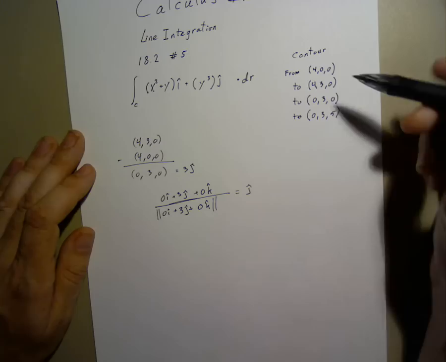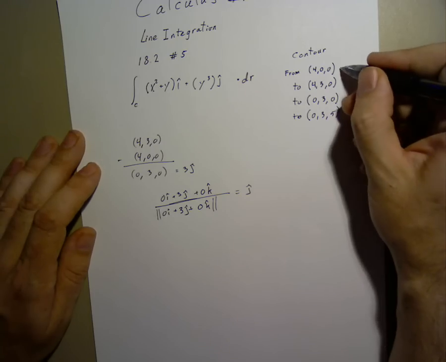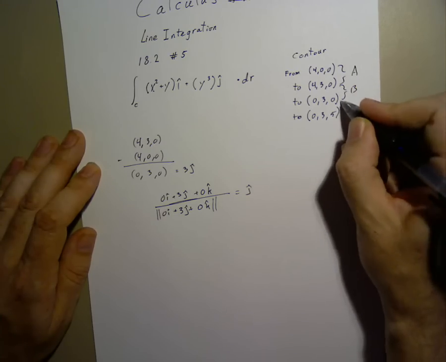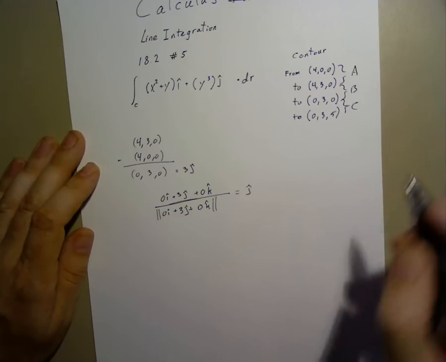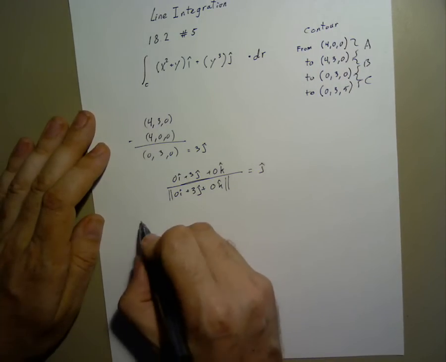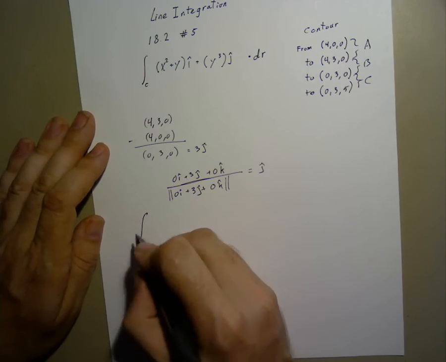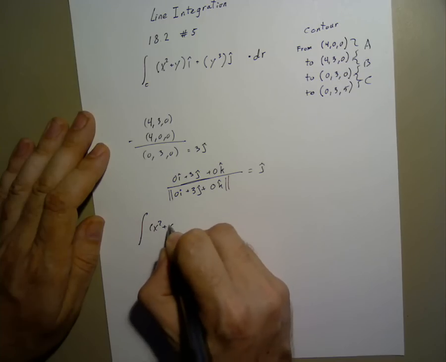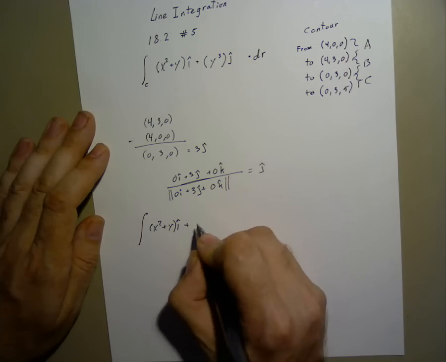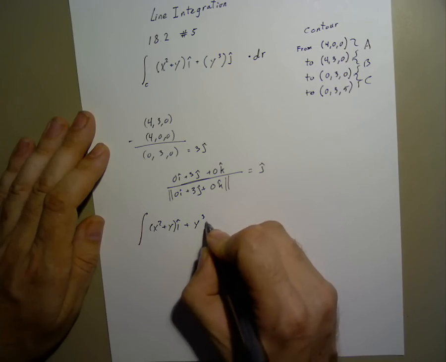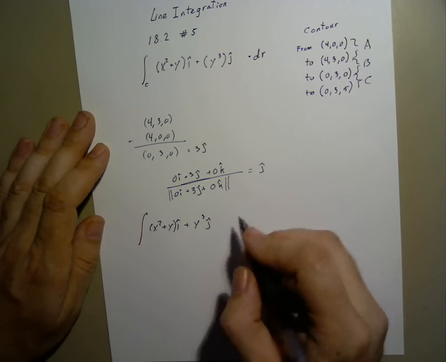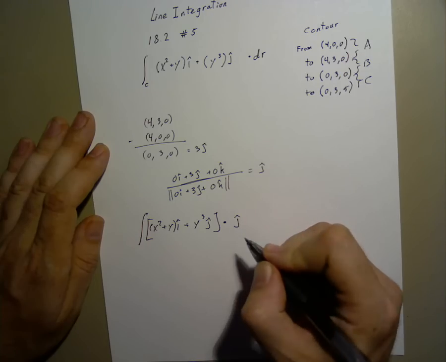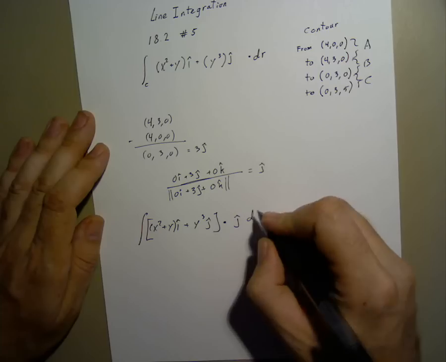So, to integrate along our first 2 points, I will call this right here A, B, C. For the A integral, I will write our function x squared plus y i hat plus y cubed j hat dot j dy.